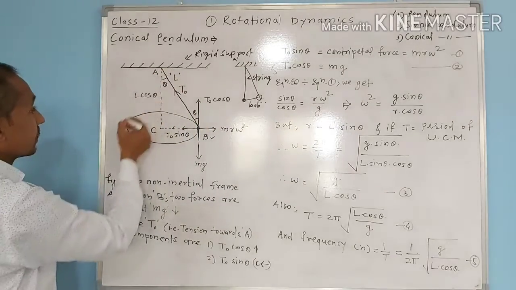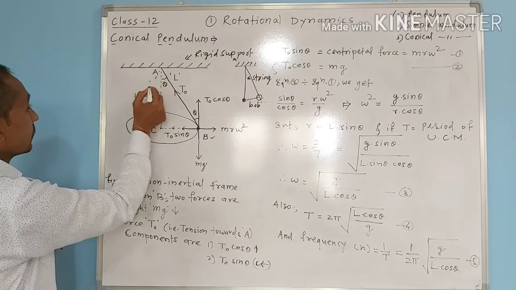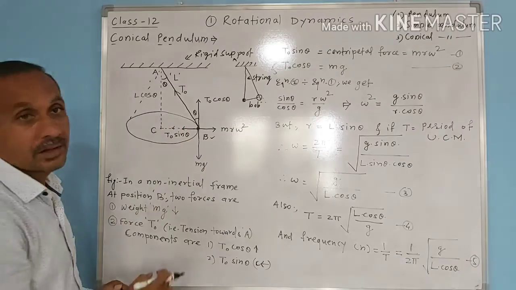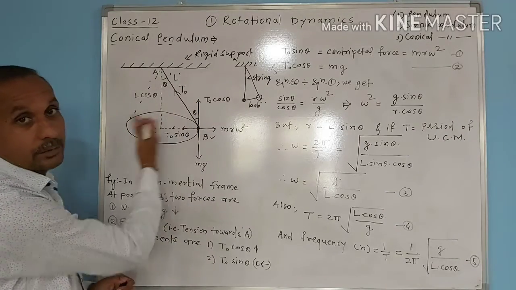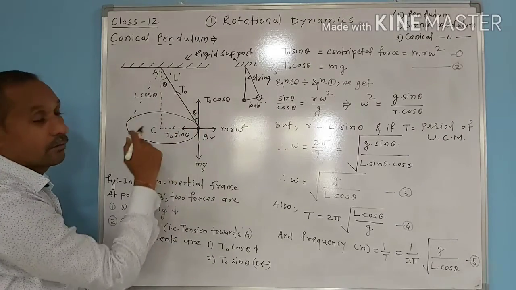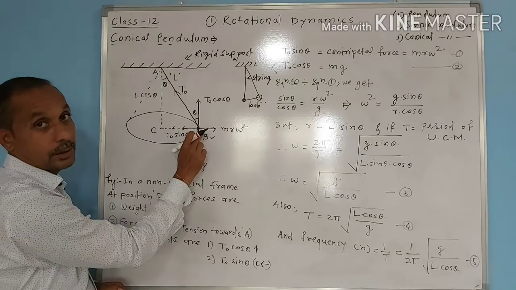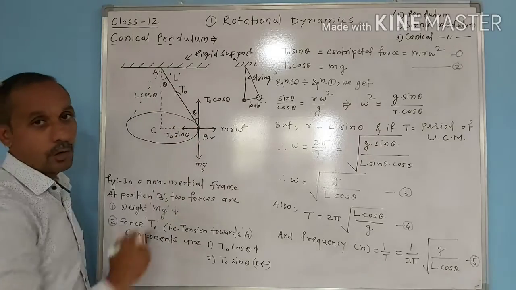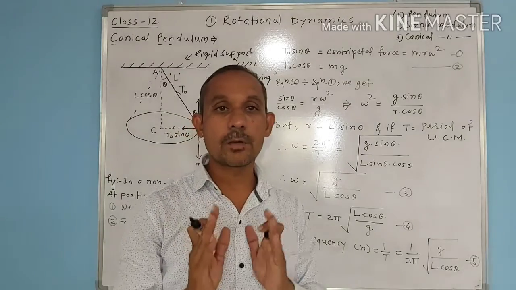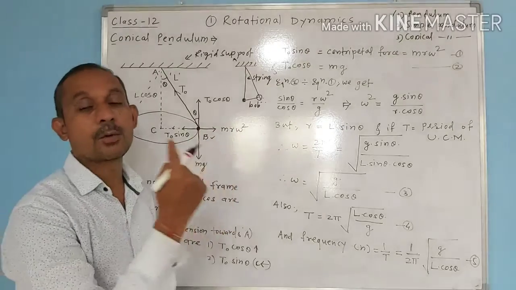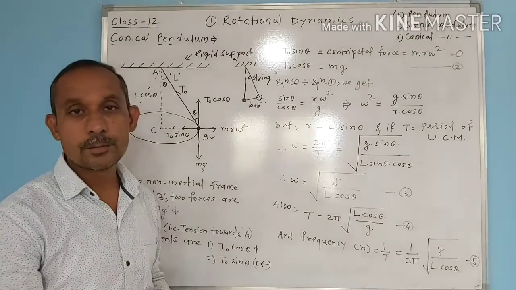Suppose this is the cone, and this is the surface of the cone. Whenever the bob moves in this circular motion, the string will revolve along the surface of the cone, and the bob will perform uniform circular motion.